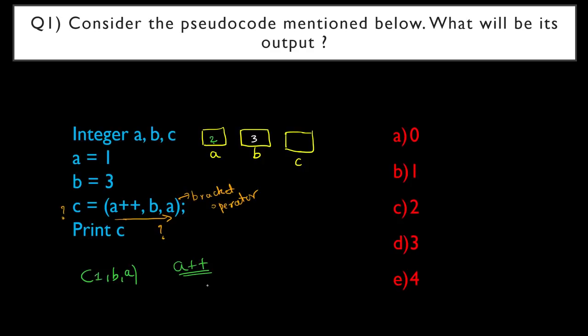Next, B will be evaluated. So this becomes 1 comma B, and the value of B is 3. Then we have comma A. At the end we execute the rightmost one, A. So it becomes 1, 3, and the value of A is now 2, because A was increased to 2 after the earlier statement because of A plus plus.